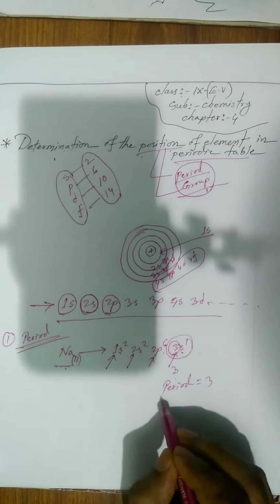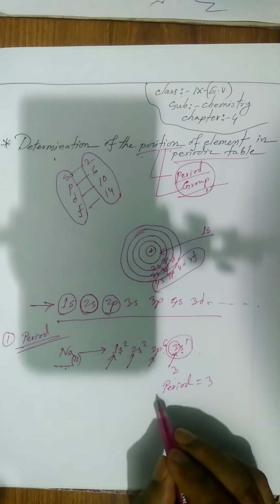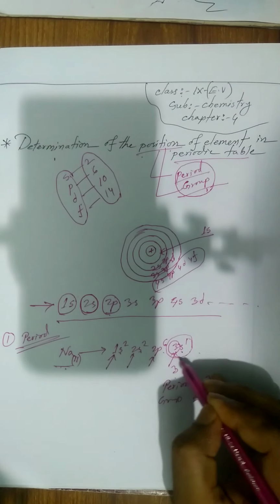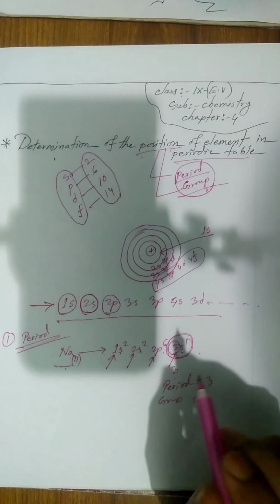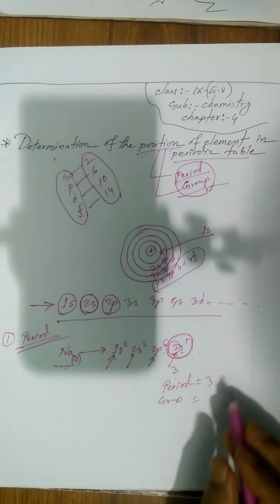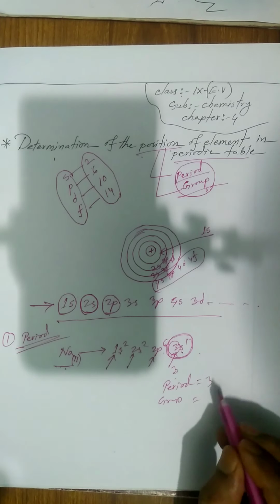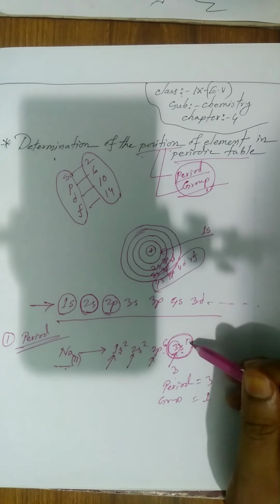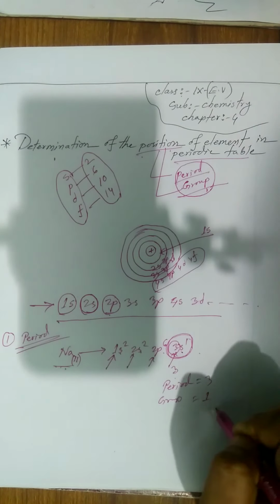For determining the group number, the total number of electrons in the s orbital is the group number of that element, that means 1. So the group number of sodium is 1.